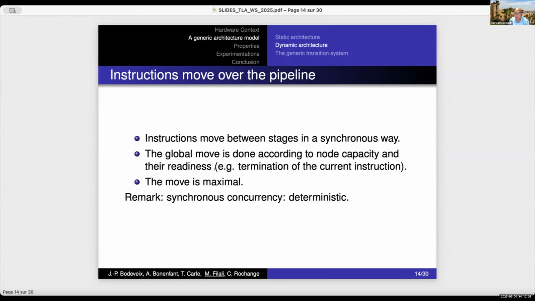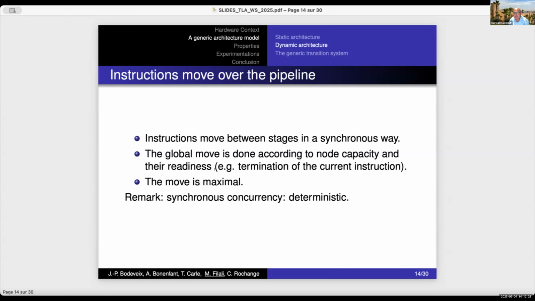We remark that this is not usual for a TLA+ case study, because usually in TLA+ we consider distributed systems, and in distributed systems we have asynchronous concurrency.